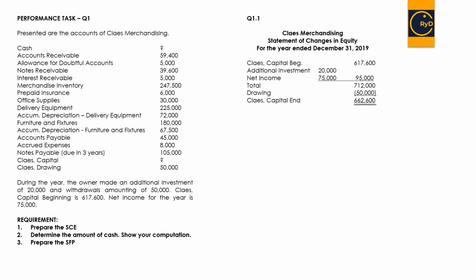Since the cash is still a question mark, what we will solve first is the right portion, the liabilities plus owner's equity. Since we already have the owner's equity balance of 662,600, we just need to find the total liabilities and owner's equity, because its total is the same as our total assets.